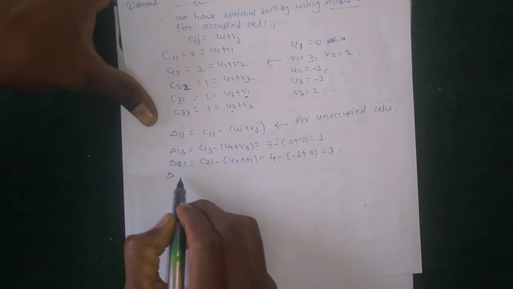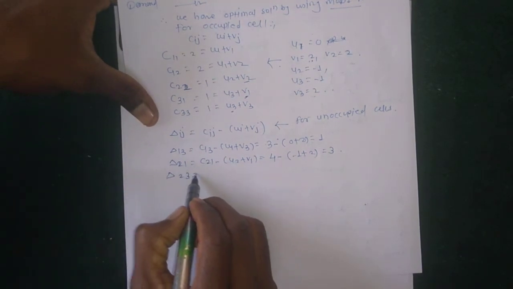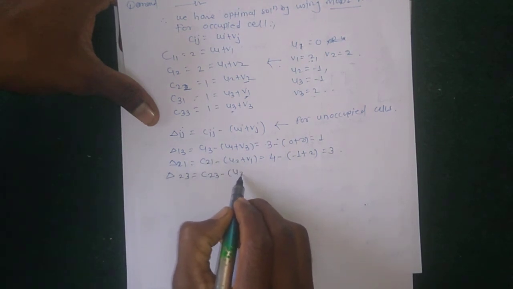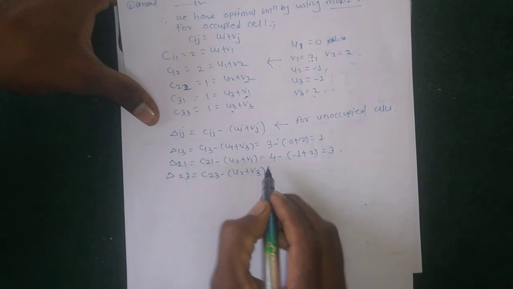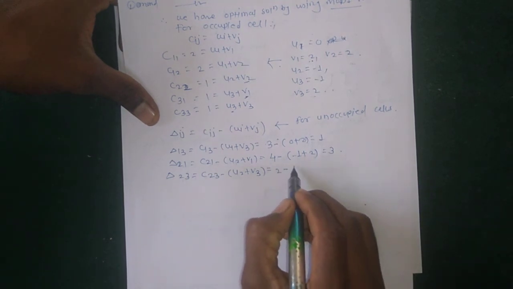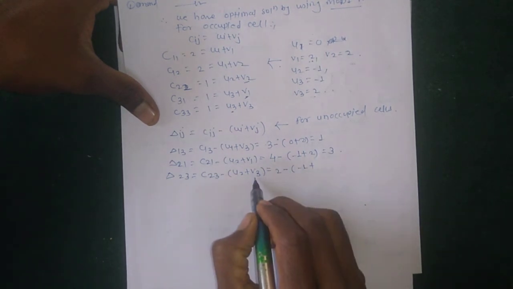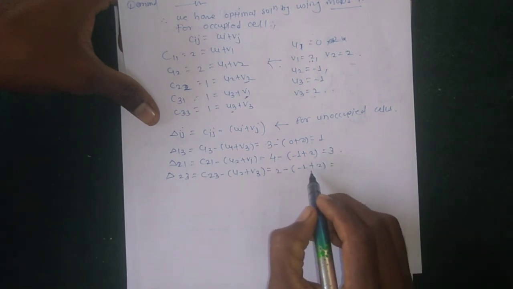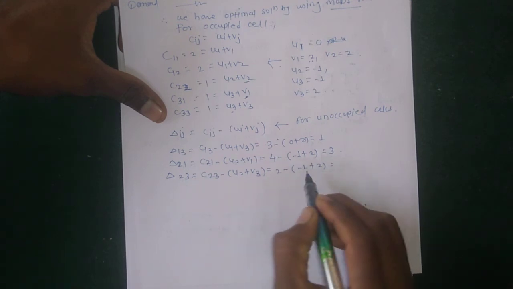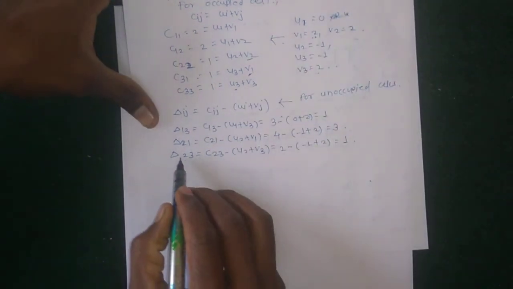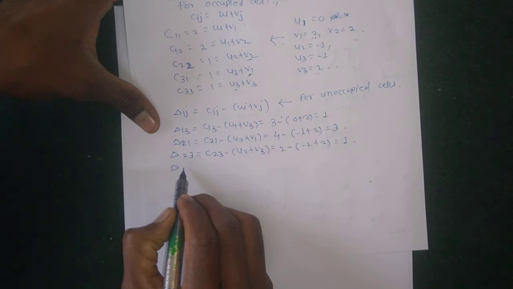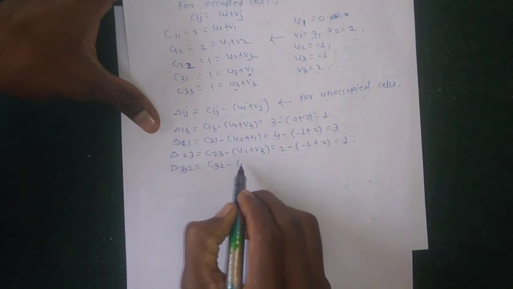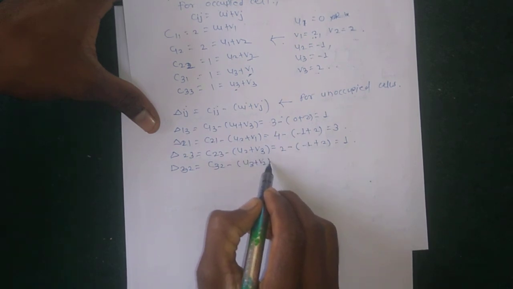Then next is delta 23. C23 minus (u2 plus v3). C23 has value 2, minus (minus 1 plus v3, where v3 has value 2). Minus 1 plus 2 is 1, 2 minus 1 is 1. Then next cell is delta 32. Delta 32 is C32 minus (u3 plus v2).